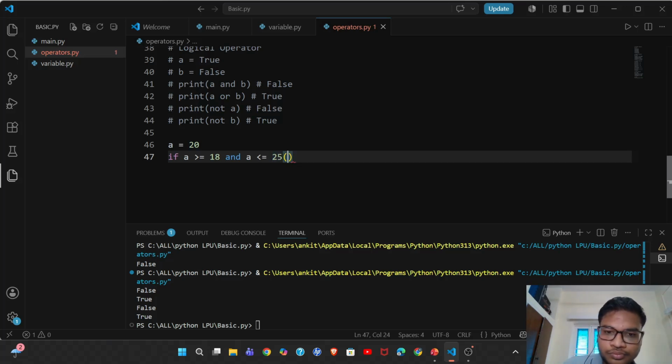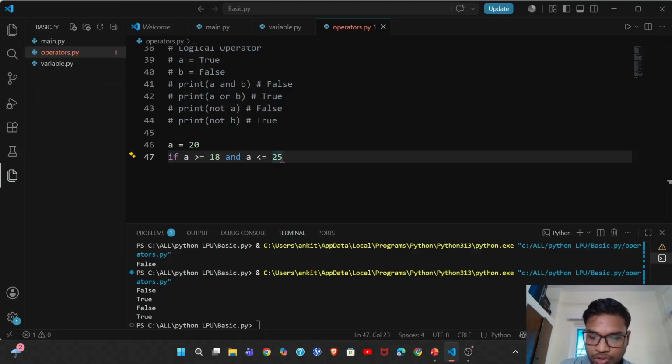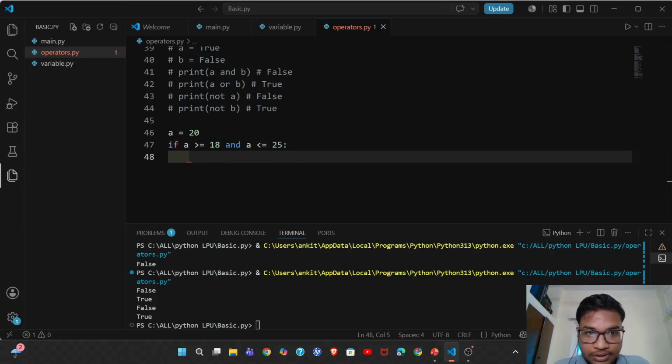So this one, if A is greater than this and A is less than or equal to this, then give a colon. Why does the cursor start from here? This is called indentation. Indentation means 4 spaces or 1 tab.